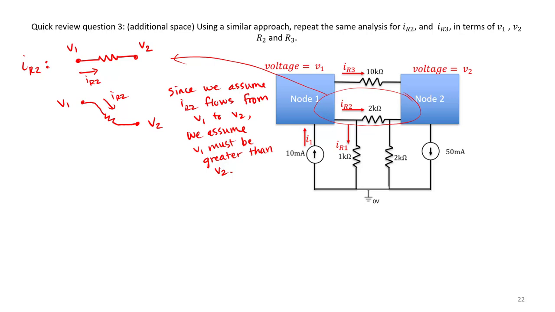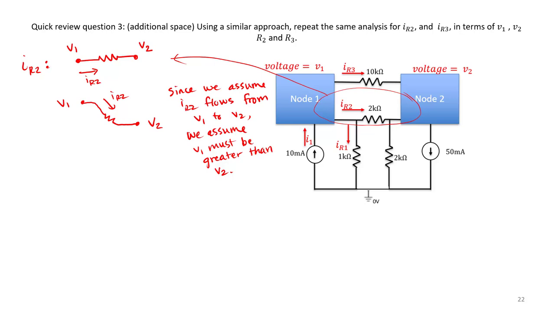So keep that in mind. We might find out after solving everything that V1 is not greater than V2, and if that's the case, we would end up determining that IR2 was negative. But here, let's just keep consistent.